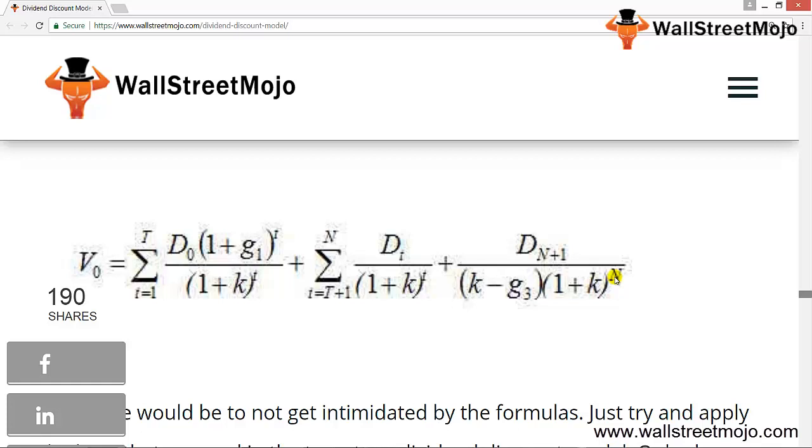Just apply the logic that we used in the two-stage dividend discount model. The only change is that there will be one more growth rate between the high growth phase and the stable phase. For each growth rate, you need to find the respective dividend and its present value.